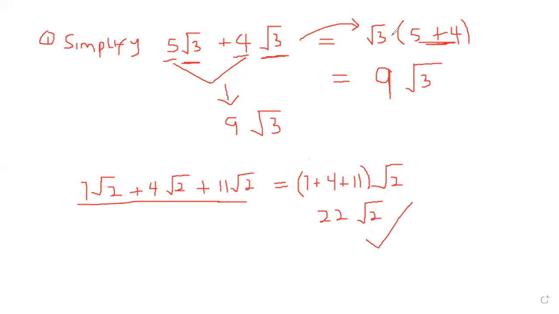Okay. Now let's take one on subtraction. Subtraction is just like the addition, so you follow the same rule. If you have 7 root 2 minus 4 root 2, this is simply going to be 7 minus 4 in brackets, and then square root of 2, which will be 3 root 2.